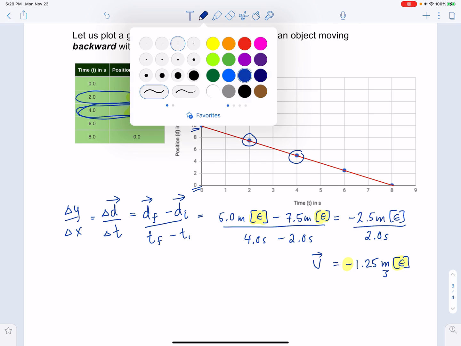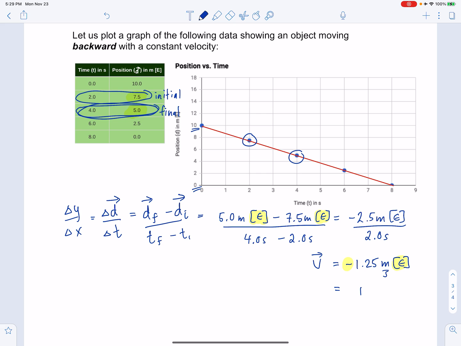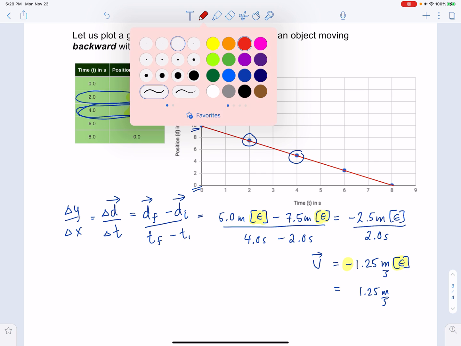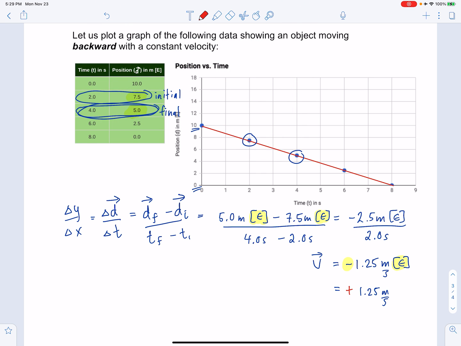So instead of writing negative 1.25 meters per second east, we can change the sign to positive, which will change our direction to west. So change the sign, change the direction. And this makes more sense. Negative 1.25 meters per second east tells us that the object is traveling backwards. Backwards from east means the object's actually traveling in the west direction.